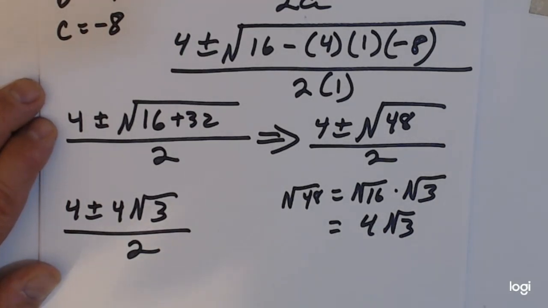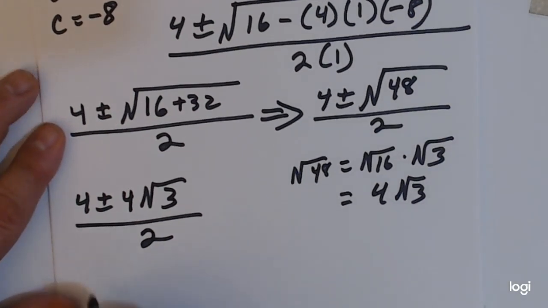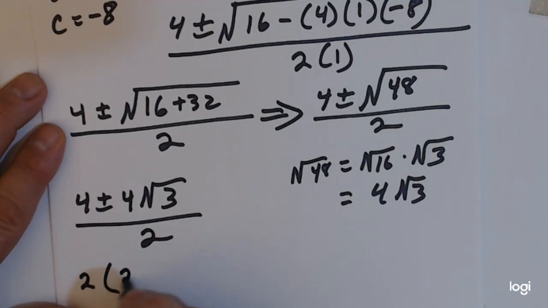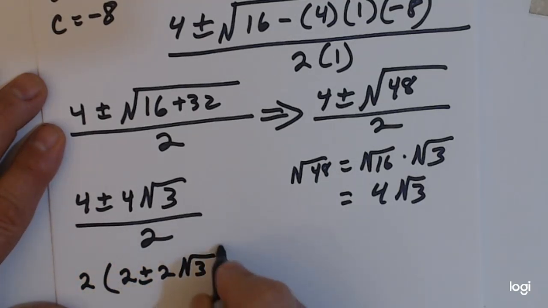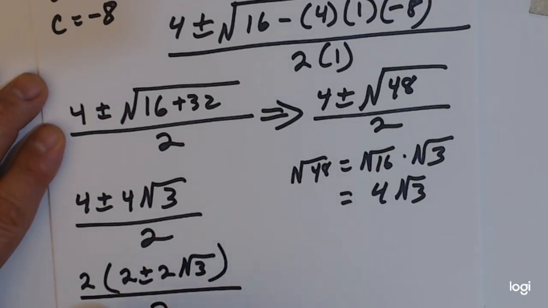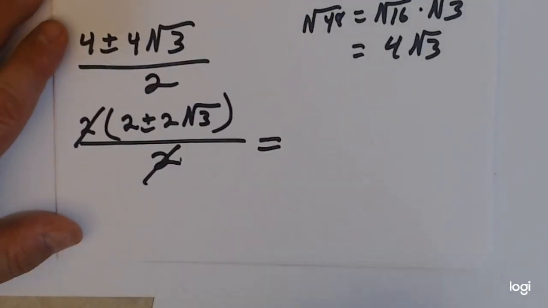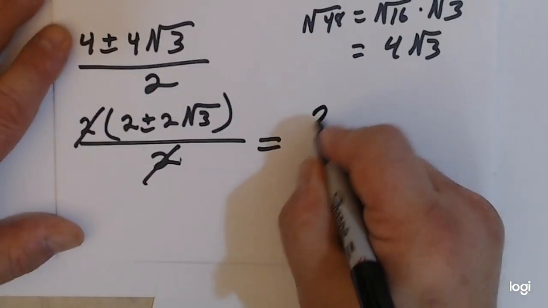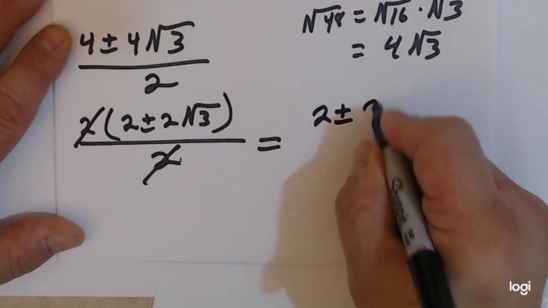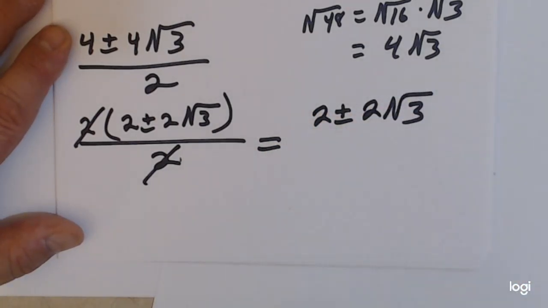And we can factor out a 2 from the numerator. So we get 2 times 2 plus or minus 2 times the square root of 3 all over 2. The 2's cancel. We're left with 2 plus or minus 2 square root of 3.